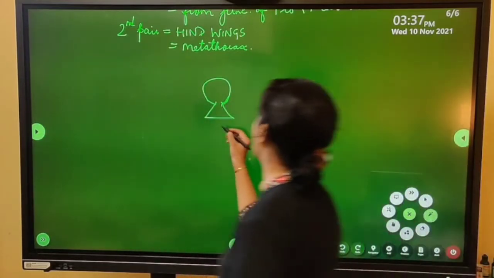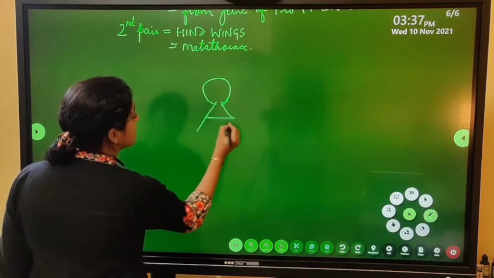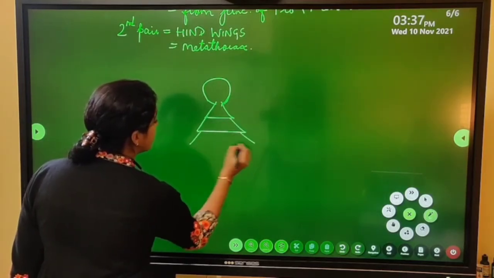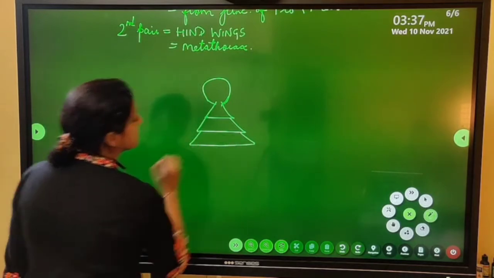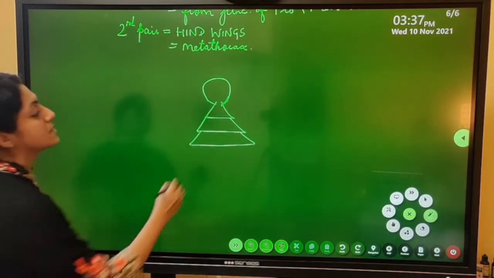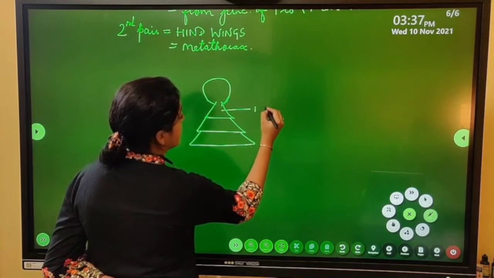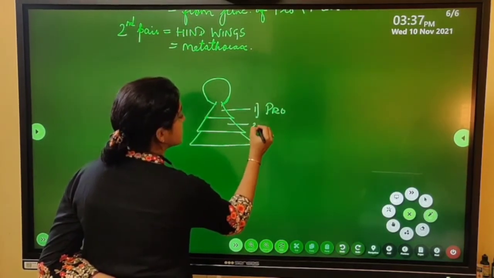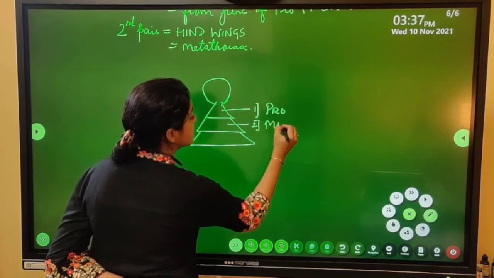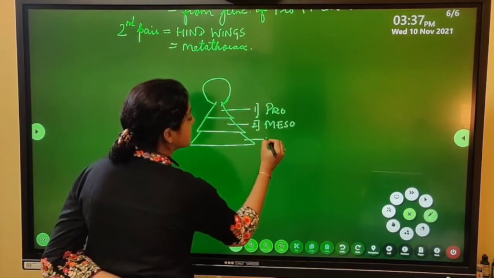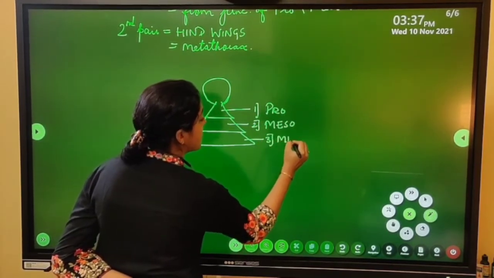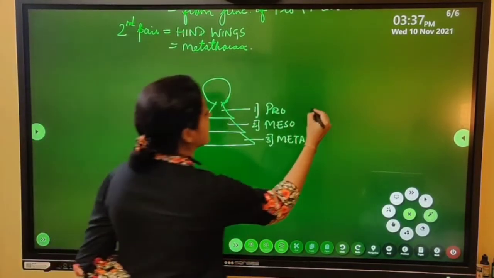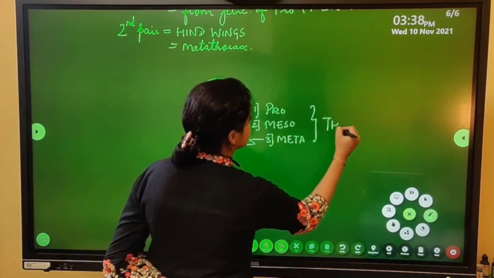After the prothorax, you have the mesothorax and the metathorax. See, three segments. So this is the first segment, which is prothorax. The second segment, which is mesothorax. The third segment, which is metathorax. All these three segments form the thorax.